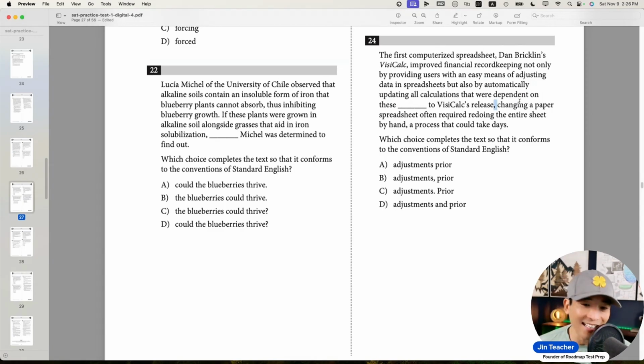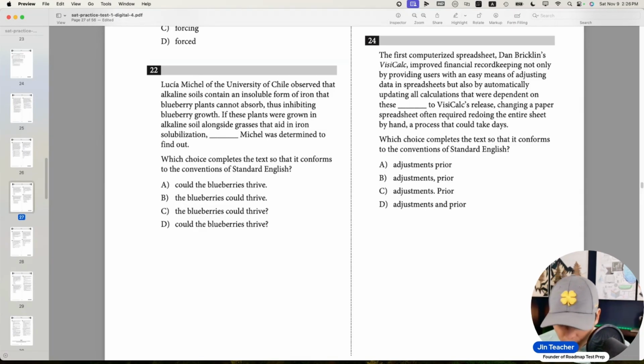You might think the sentence ends right here, but you don't just want to stop. You want to continue to read to the end of the sentence, where the period lies. Don't just stop at the comma, because remember, the SAT oftentimes puts important pieces of information after the underlined portion, especially for sentence structure questions. So read to the end and just make observations. What are you observing here? I'm observing to see if I have another independent clause.